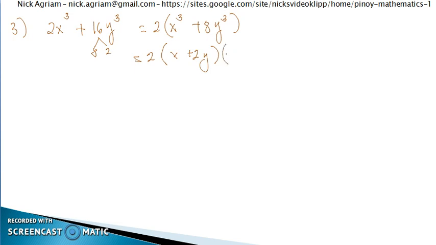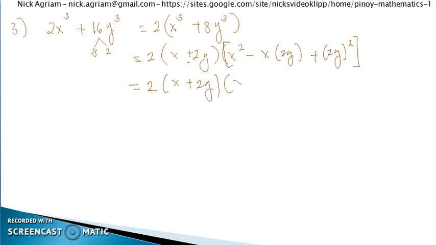And then the trinomial: we have x squared minus, because it is positive in the binomial, x multiplied by 2y, plus the last term, 2y squared. Okay, and then we have 2 multiplied by x plus 2y multiplied by x squared minus 2xy plus 4y squared.